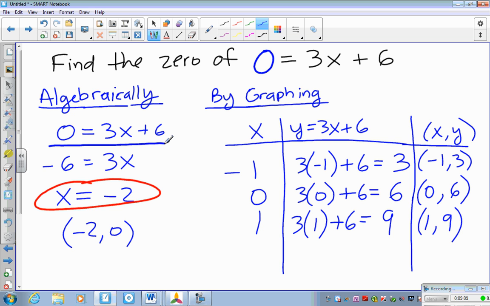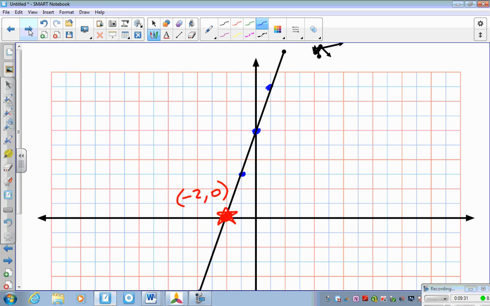But you have to know that this 0 really stands for the fact that y is 0. So you would have to infer, if I see 0 equals blah, blah, blah, graph the related function, which is y equals blah, blah, blah. So here, if you see 0 equals 3x plus 6, graph y equals 3x plus 6, look at the graph, and find the x-intercept.